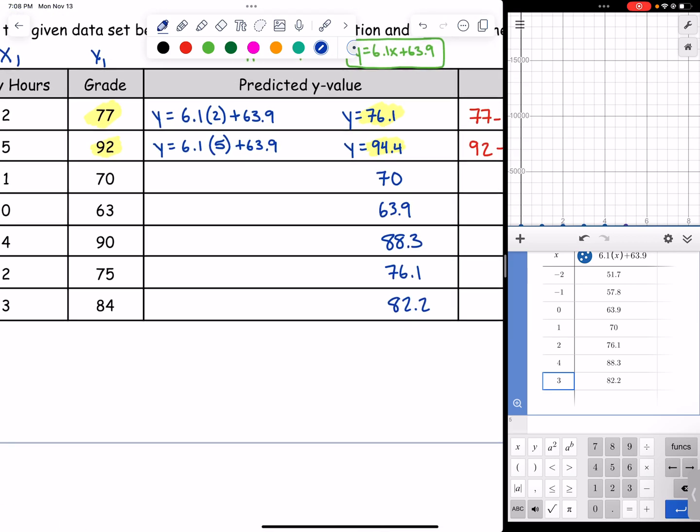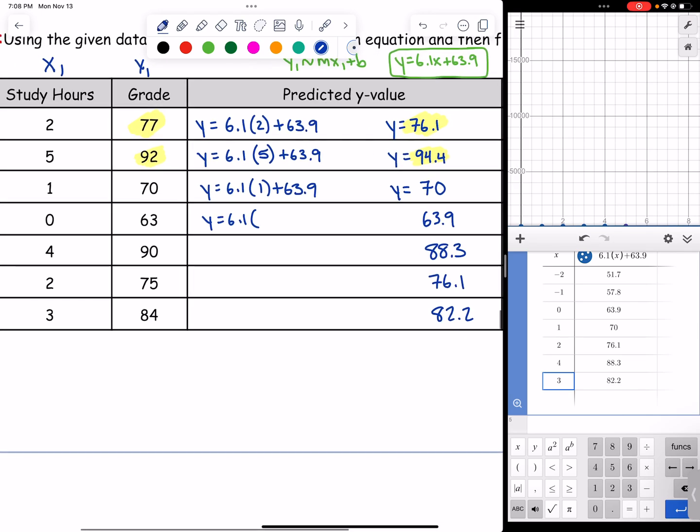So that means if I plugged in y equals 6.1 times 1 plus 63.9, I got y equals 70. And if I plugged in 6.1 times 0 study hours, it would make sense that I get y equals 63.9. And if I studied for 4 hours, Desmos just did the work for me because I pulled up a table.